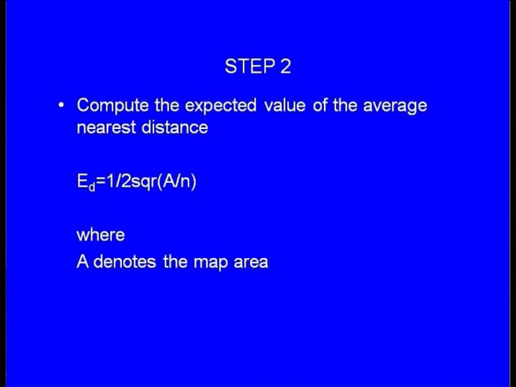Step 2. Compute the expected value of the average nearest distance ED, which is equal to half under root of A divided by N, where A denotes the map area and N is the total number of points within the map.